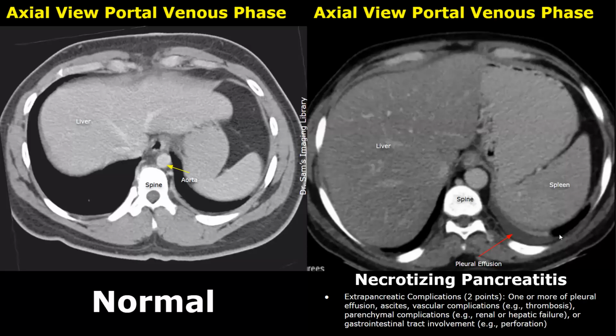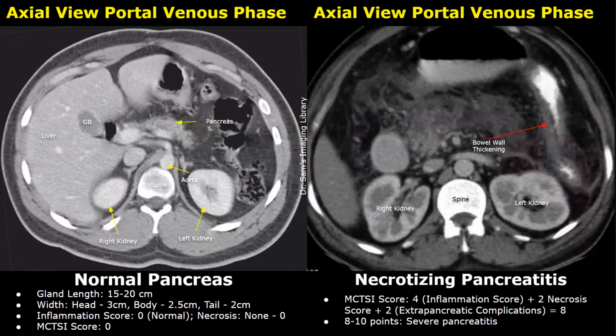Three extrapancreatic complications were present in this case: fluid collection at the splenic hilum, bowel wall thickening, and left-sided pleural effusion. Whether there is a single complication present or 3, the points given for extrapancreatic complications will be 2.